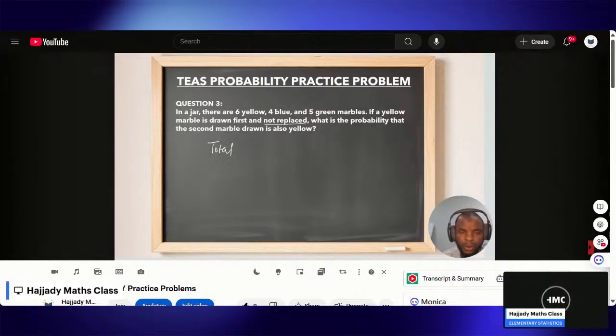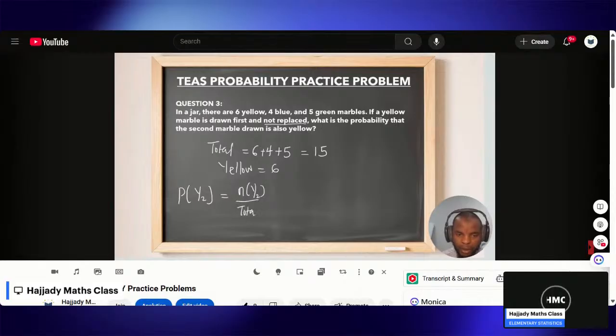The total is 6 yellow plus 4 blue plus 5 green marbles, so in total we have 15 marbles. The number of yellow is 6. The question is, find the probability that the second is yellow. Let me put that as y2. So we have the number that the second is yellow over the total.